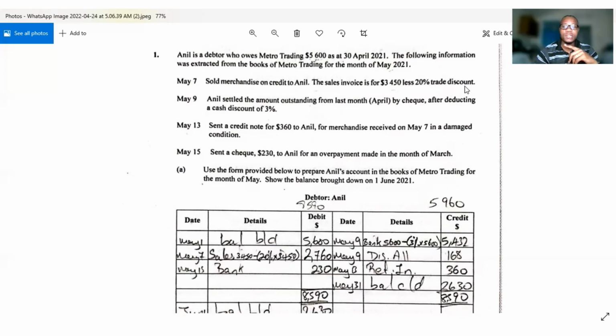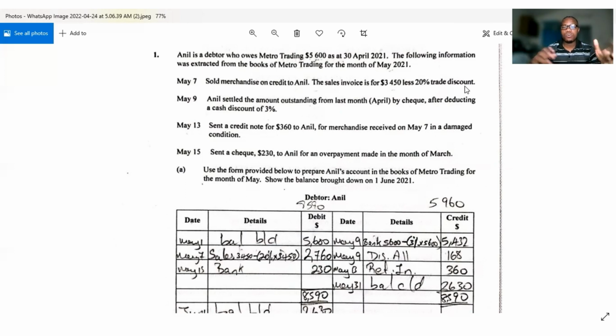Now, this is very important. We need to understand that trade discount is a discount that is given among traders. The discount given is normally not recorded in any book. The full price of the item is what is recorded, but this discount is the relationship that exists between the supplier and the purchaser.